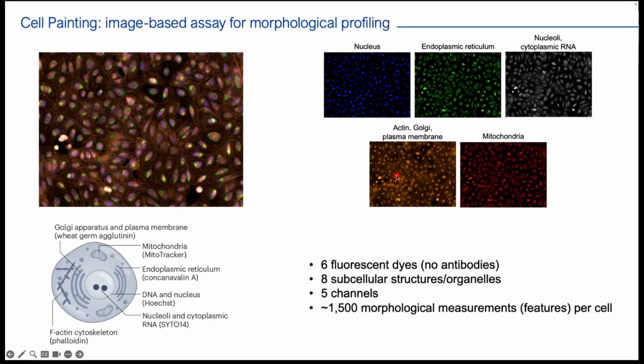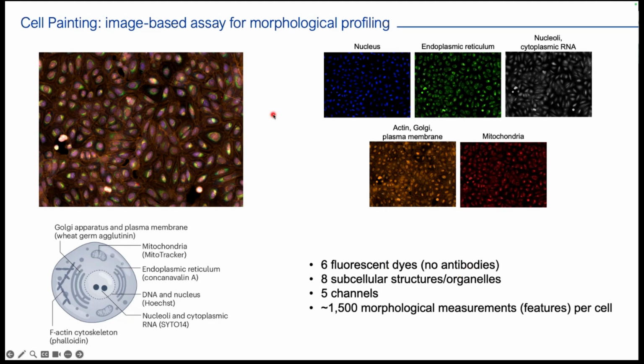So this is an assay that has been developed at the Broad Institute, and it basically uses 6 fluorescent dyes. So these are not antibodies, these are dyes. This is very important because it's cost effective. And these dyes label 8 subcellular structures that you see there in 5 fluorescent channels, right?